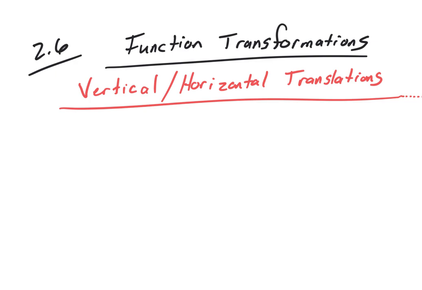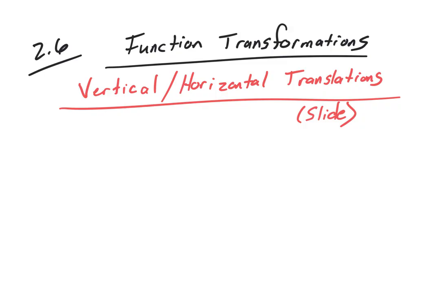Sometimes you might have heard of this as a slide, where we're going to slide the graph left, right, up, or down. But a translation is simply some type of movement. We're going to take the graph that we have and move it in some fashion. Sometimes it may just be to the right, sometimes it may just be up or down, sometimes it may be a combination of those two.